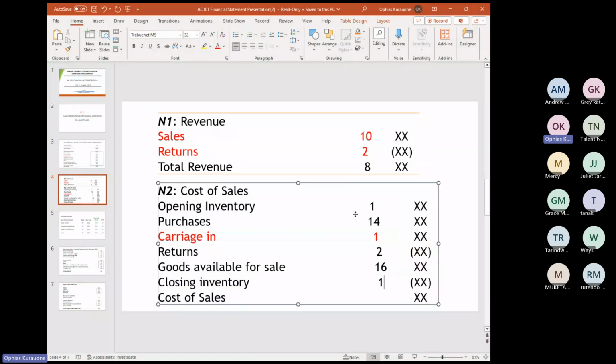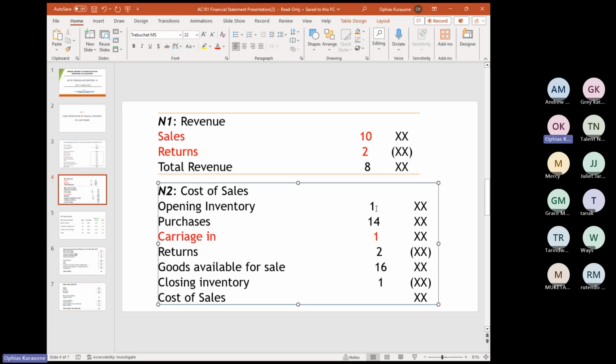So for cost of goods, you say opening inventory, which was in the stock. Usually this one is recorded by the date, for example, 1 January 2022, for the year ended 1 January 2023. The opening inventory is the amount which is there on that particular day when we are opening our trading year.